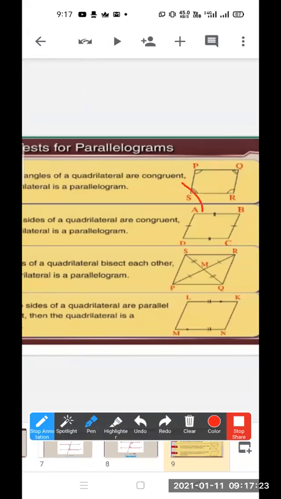Similarly, angle S and angle Q are opposite angles. If the opposite angles are congruent, we can say that the given quadrilateral is a parallelogram. And this test helps us to find whether the given quadrilateral is a parallelogram or not.